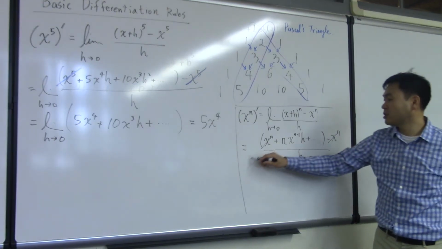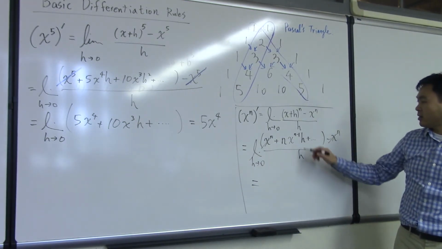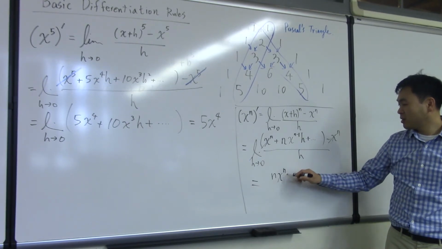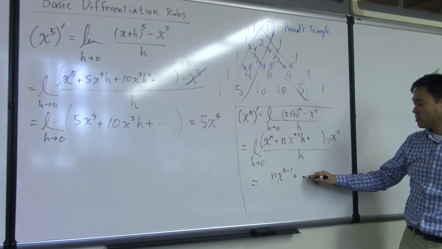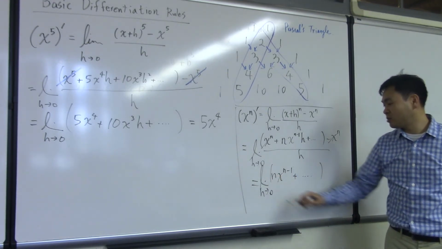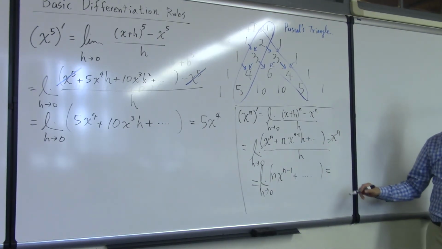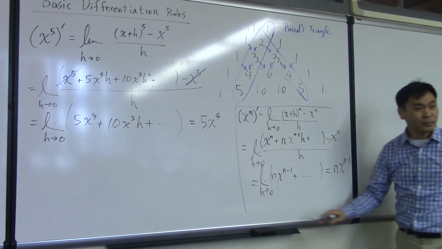Over h, limit h going to 0. So that when you divide by h, the only thing that survives is n times x to the n minus 1 plus some other terms with h's in there, right? But you're going to send h to 0. So if you set h equal to 0, what's the remaining thing? n times x to the n minus 1. That's what you're going to get, right?